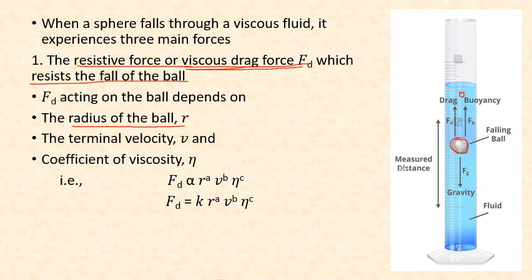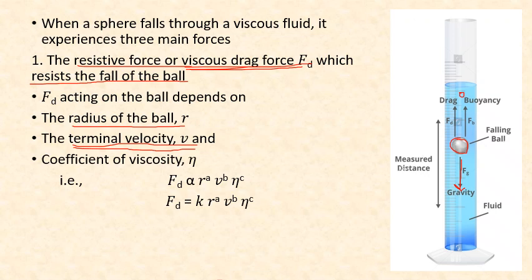The second factor on which Fd depends is the terminal velocity v. In the previous slide, we discussed that terminal velocity is the constant velocity that the steel ball achieves when it is flowing through the liquid like this. Now, imagine if the terminal velocity is higher.